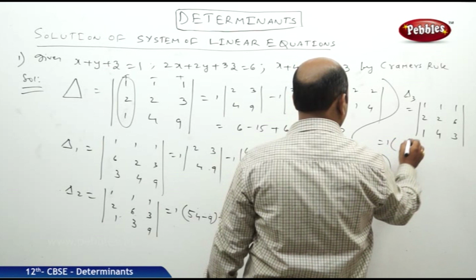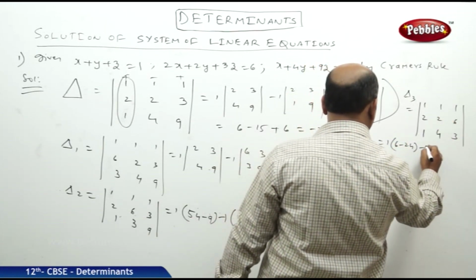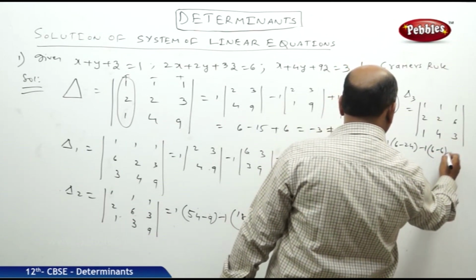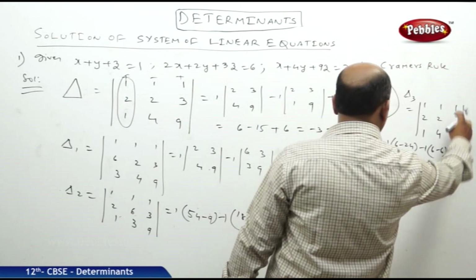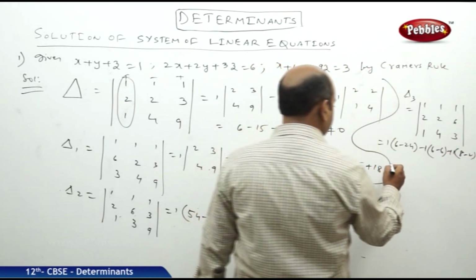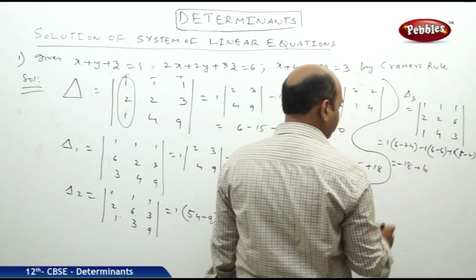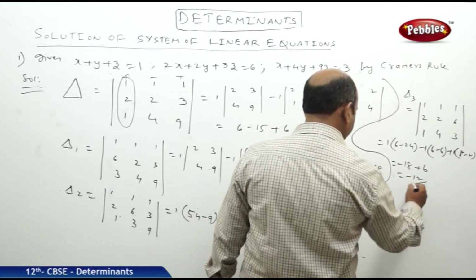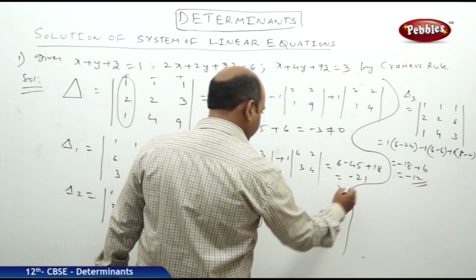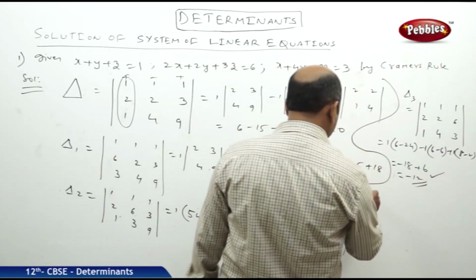So 1 into 6 minus 24 this time, minus 1 into 6 minus 6, I will be very happy if 0 comes, and plus 1 into 8 minus 2. So minus 18 plus 6 will be minus 12. So delta 1 I obtained as minus 21, delta 2 as 30, delta 3 as minus 12.